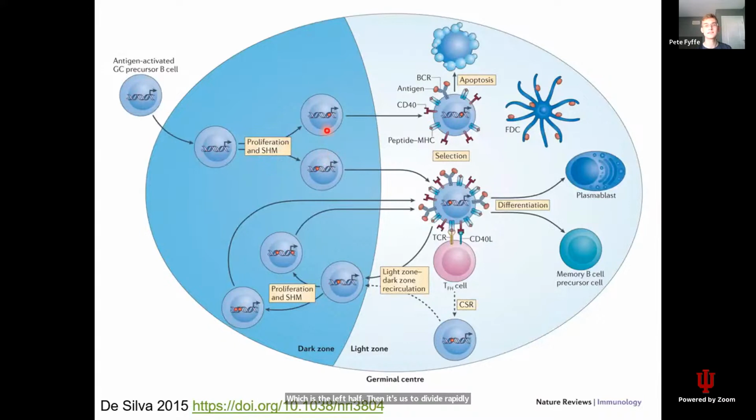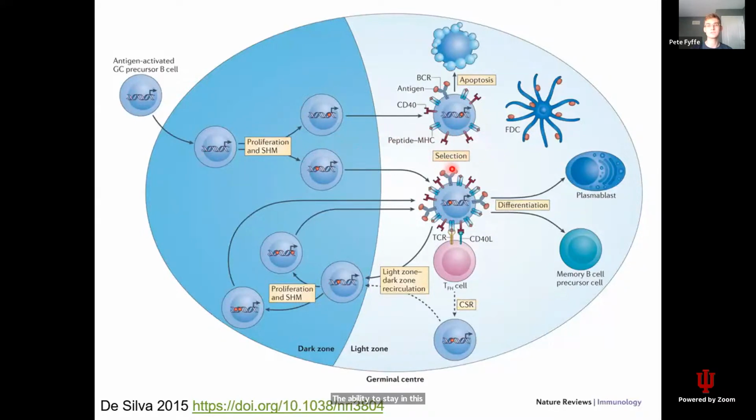So what that means is every time it divides, it's going to do a random DNA modification. And at the same time, that antigen has to be split between the two daughter cells. So you're going to lose a little bit over time. Now, there's going to be anywhere from 2 to 6 of these random divisions.